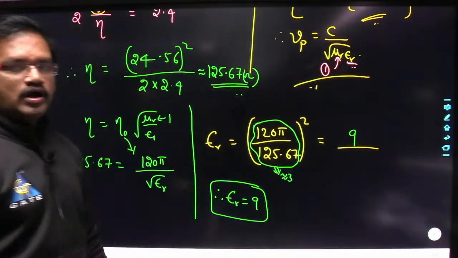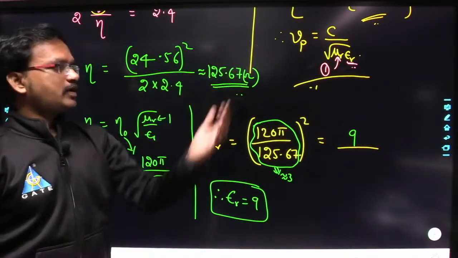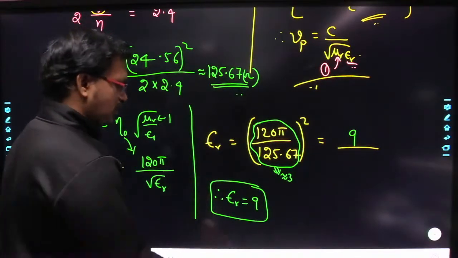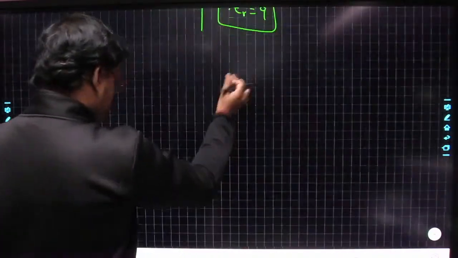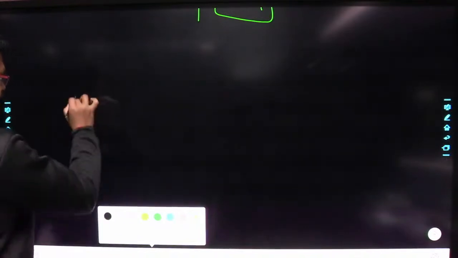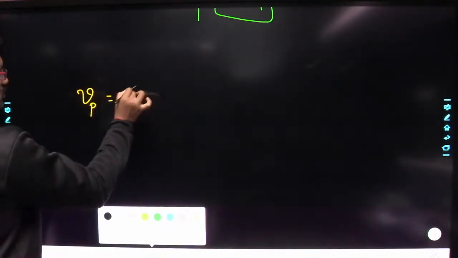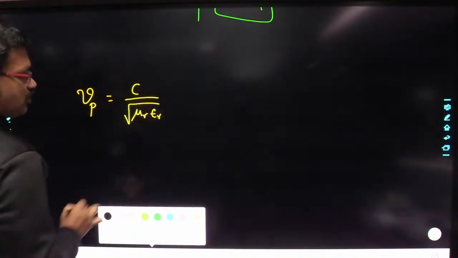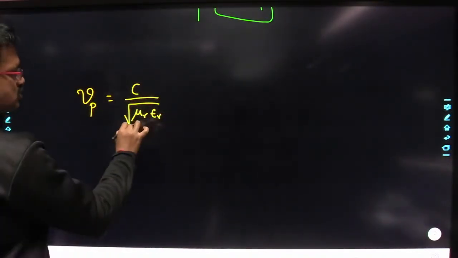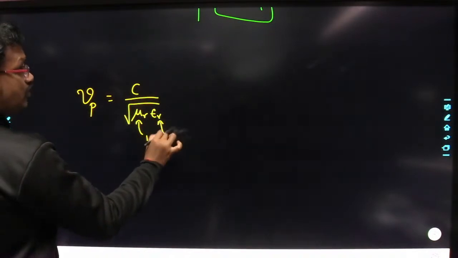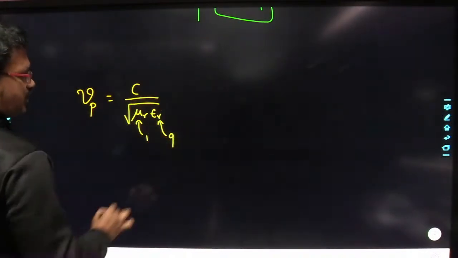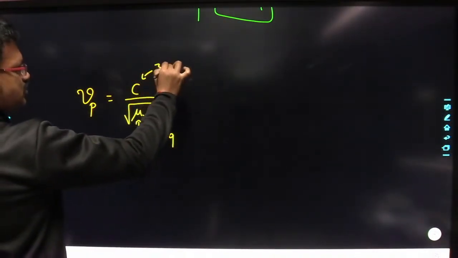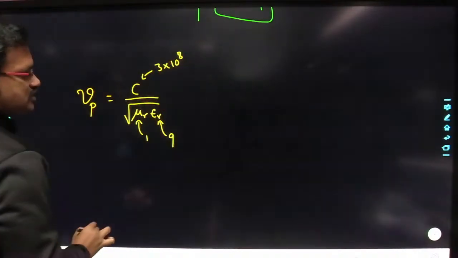Once we know epsilon r value, we can determine the phase velocity. Phase velocity is equal to C by square root of mu r epsilon r for a lossless medium. Mu r value is 1, epsilon r value is 9, and C value is 3 into 10 to the power of 8 meters per second.